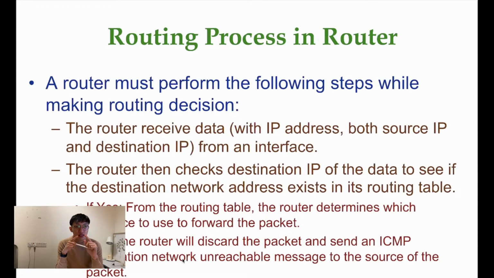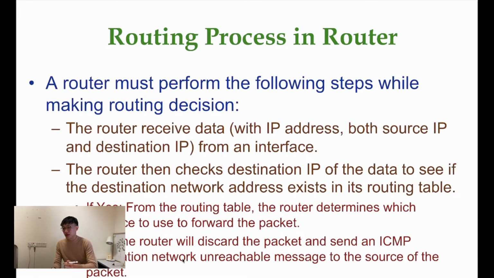First, it doesn't have to check whether this is for a host on the same LAN or another LAN. Definitely it's on another network. That's why it gets this packet, and then it wants to see, for this packet to reach the final destination, what is the exit interface that it should send the packet to.